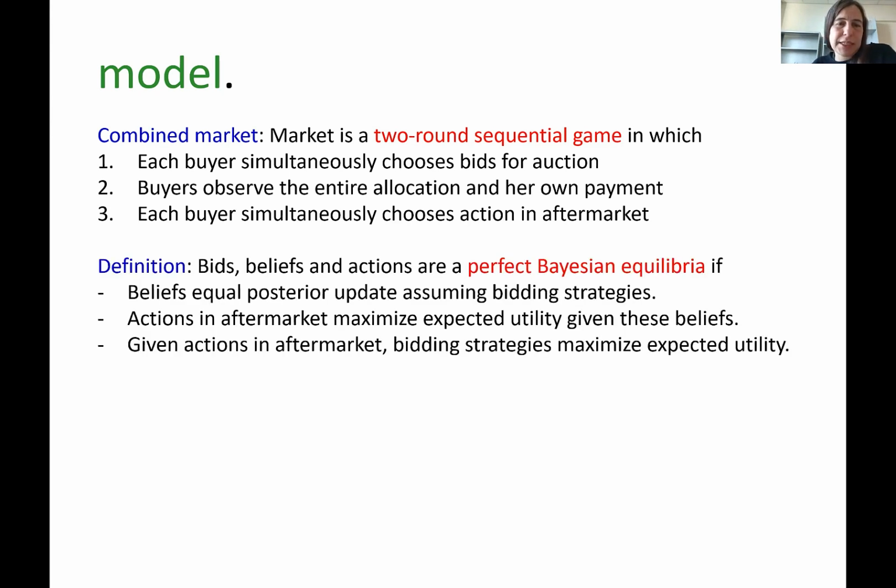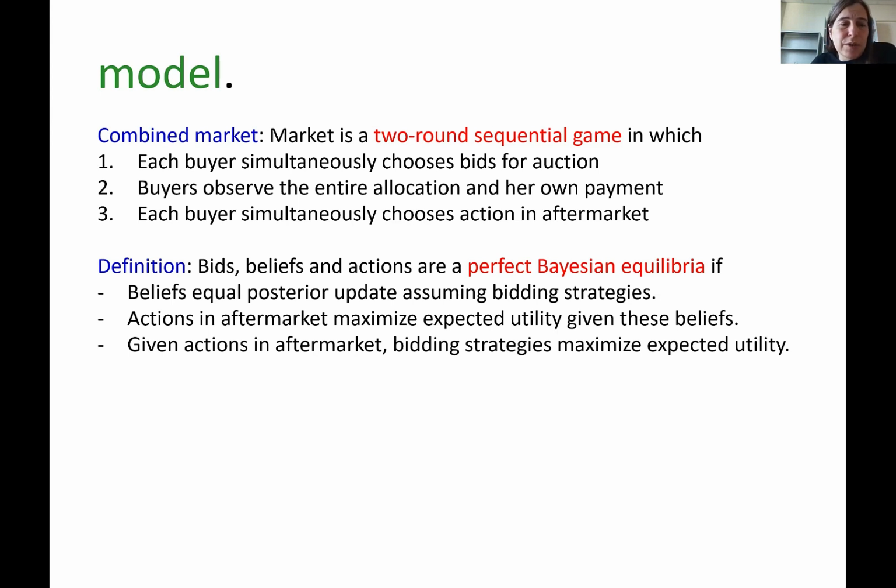And we would like to study the perfect Bayesian equilibria of this game. This is kind of the sense of the PBE: as you all know, there's going to be beliefs. Each participant in the market has a belief, which is part of the PBE if it's the posterior update, assuming the bidding strategies.